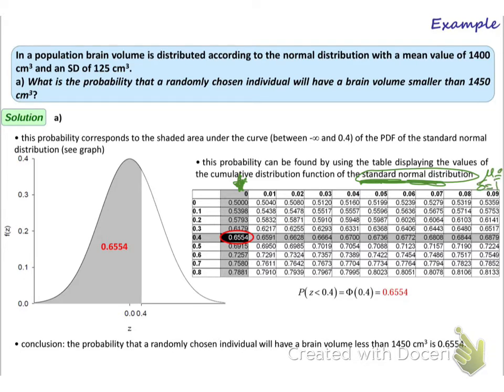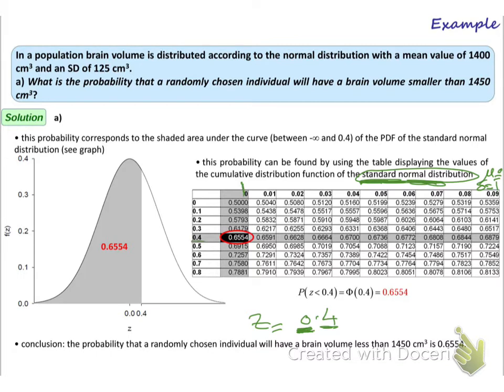So I come to this table and check the whole number. I want z equal 0.4. The whole number is 0, and the fraction is 0.4.